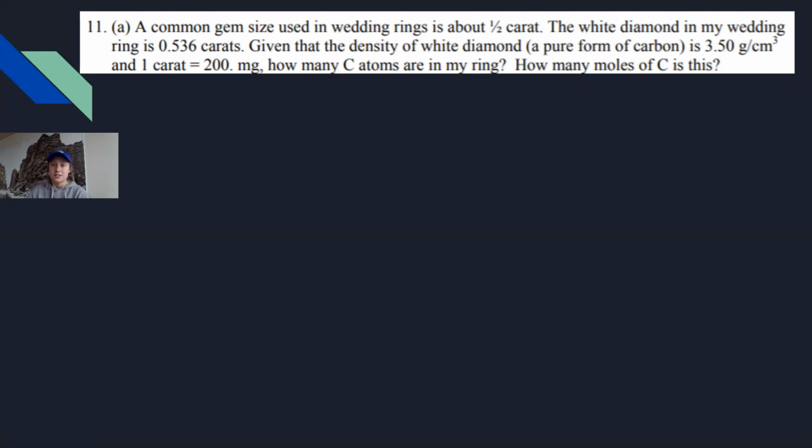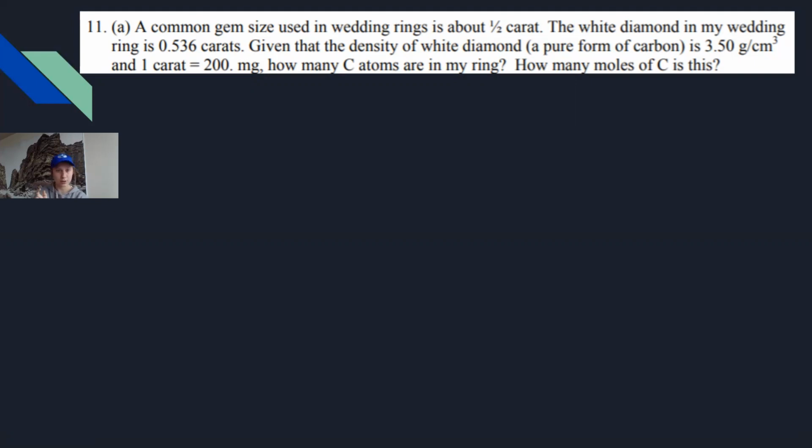Okay. So a common gem size used in wedding rings is about half a carat. The white diamond in my wedding ring is 0.536 carats, given the density. Okay, so we know that we have 0.536 carats. So what we need to do is go from carats to milligrams. So you'll put carats on top and multiply by 200 milligrams per carat.